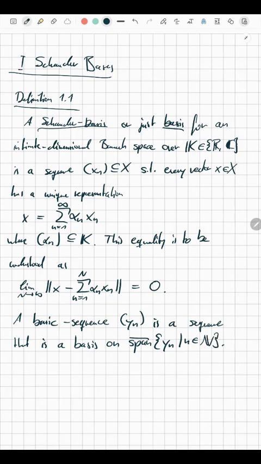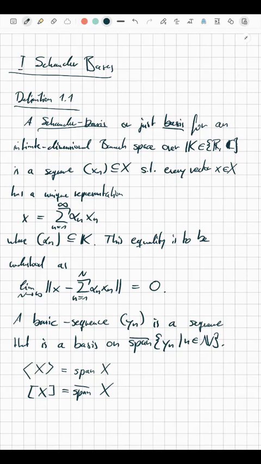Okay, and from now on we will use a shorter notation for the span and the closed span in the following way. This will denote the span of X, and this will denote the closed span of X for any set X. All right.